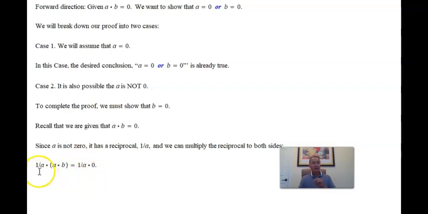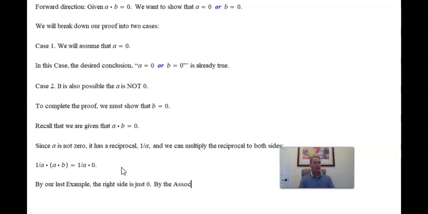On the left side, we're multiplying 3 numbers. So again, we can think of the associative property. On the right side, 1 over a is again a real number. So we can apply our first example and get 1 over a times 0 is again just 0. By our last example, the right side is just 0.